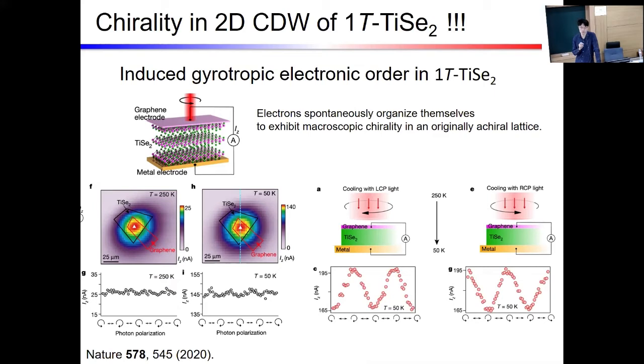So they don't have any idea about the microscopic mechanism of a really chiral structure in this sample, or whether it is basically non-chiral but the chirality is induced later by applying the circular polarized light. But anyway, they have finally confirmed that the 2D CDW structure also becomes chiral when the condition is satisfied.